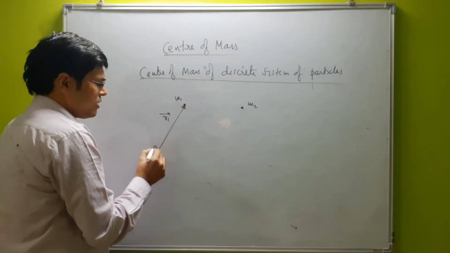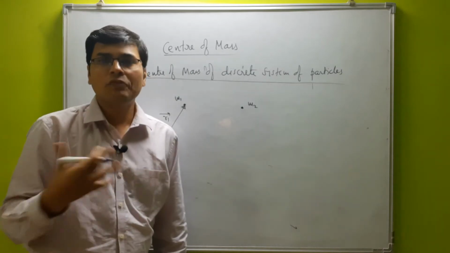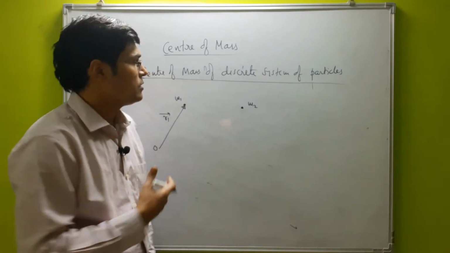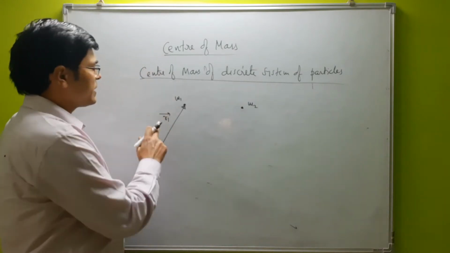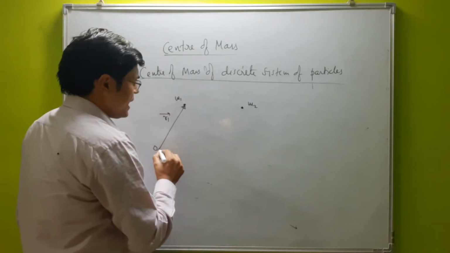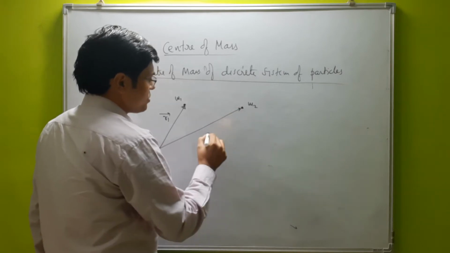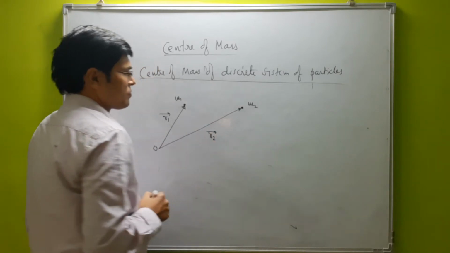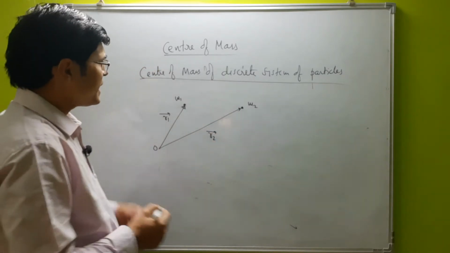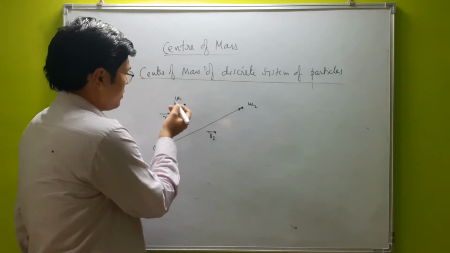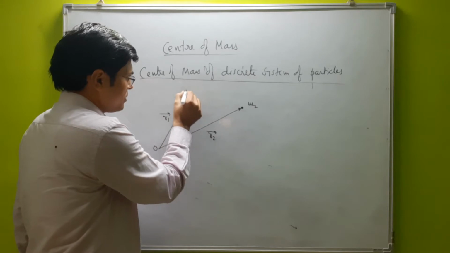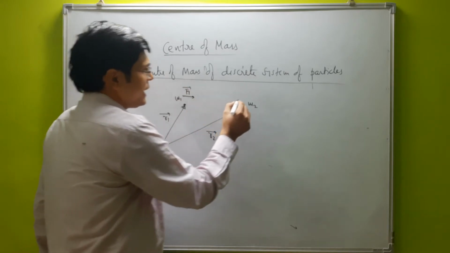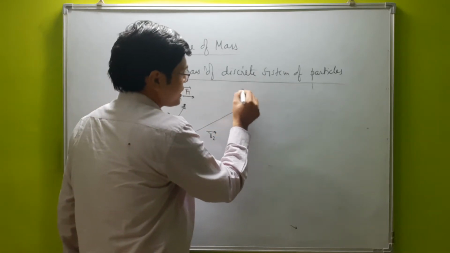So we are moving towards the mathematical form of how to calculate the center of mass of a discrete system, right? So the position vector of m1 is r1 and the position vector of m2 is r2. Let's say a force F1 is acting on this particle, and F2 is acting on this particle.